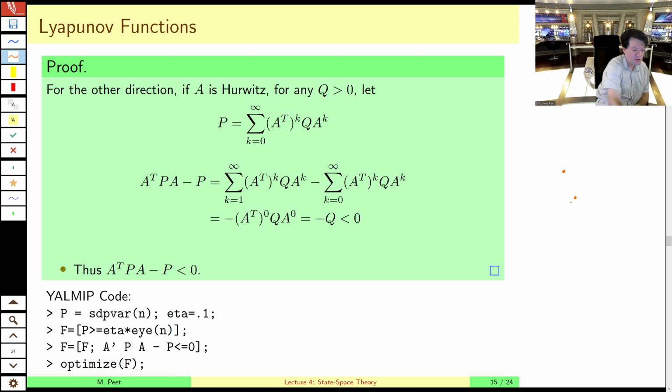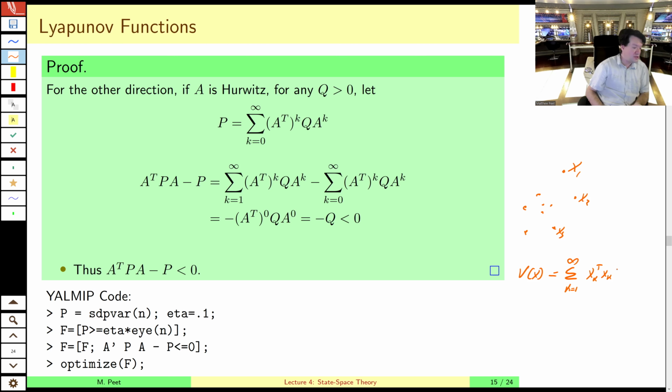So if this is our trajectory, which is sort of discretely curving into 0, it's the sum of all of these x of k, x1, x2, x3. So our Lyapunov function is the sum k equals 1 to infinity of xk transpose xk.